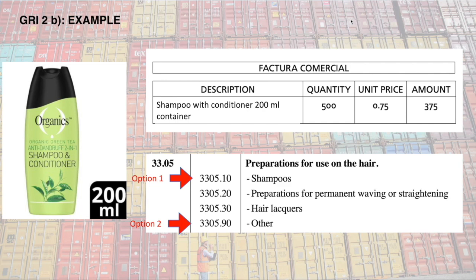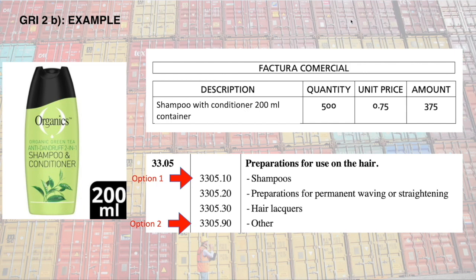By application of rule 2(b), two classification options are open: 3305.10 and 3305.90. 3305.10 shampoos is where we must include this product mixed or associated with other materials like conditioners, and 3305.90 others, including conditioners, is where we must include this product mixed or associated with other materials such as shampoos.